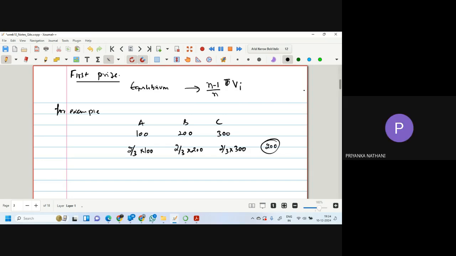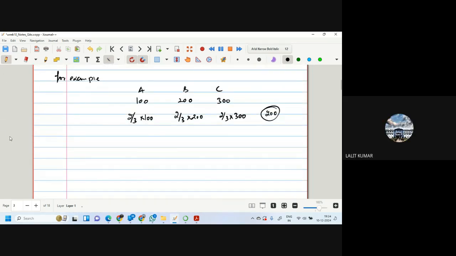In this, you have to remember that if there are only two bidders, then it becomes V_A by 2 and V_B by 2.